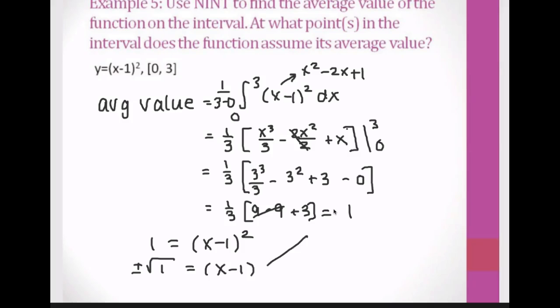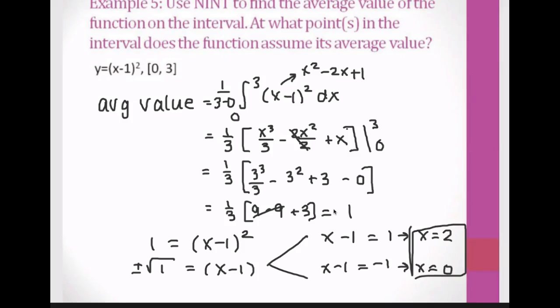So then you have your two roots. You have x minus 1 equals positive 1, and x minus 1 equals negative 1, which gave x equals 2 and x equals 0. So we see that we have the same ones we got from the graph.